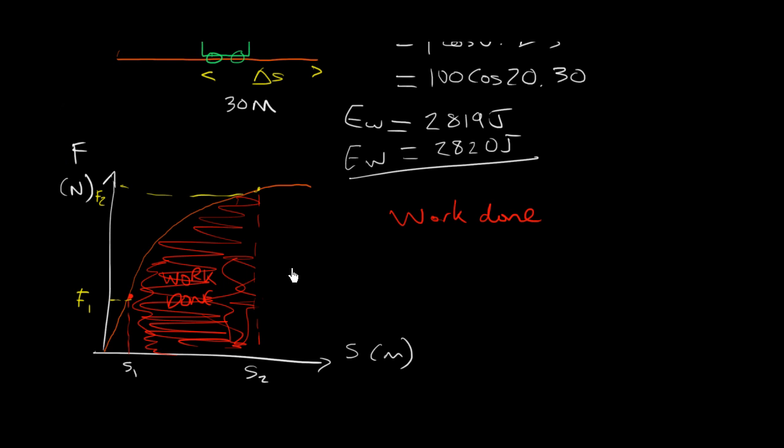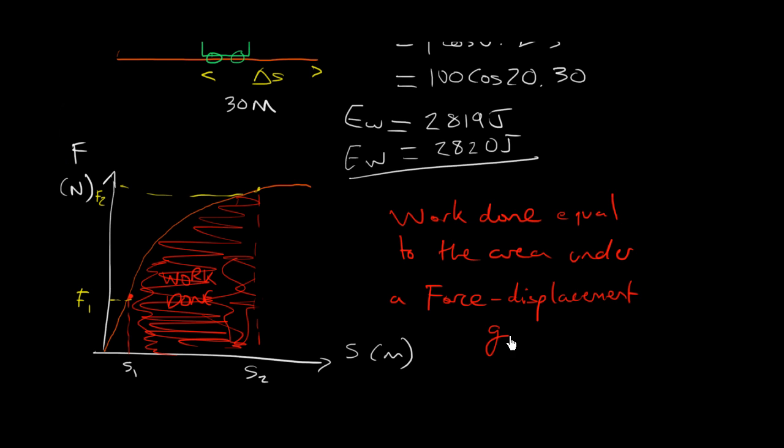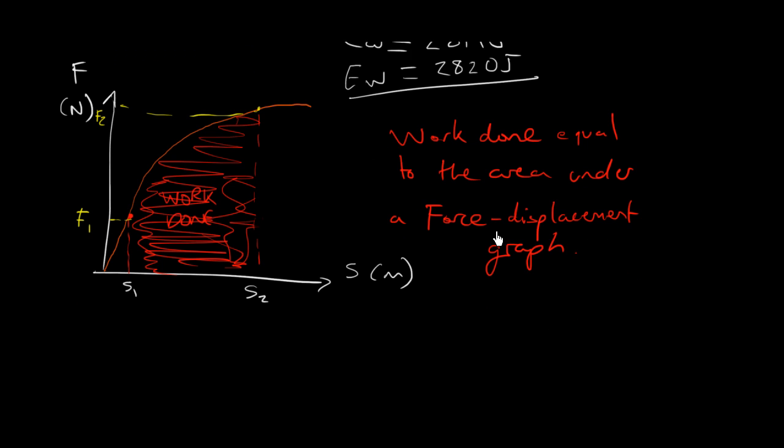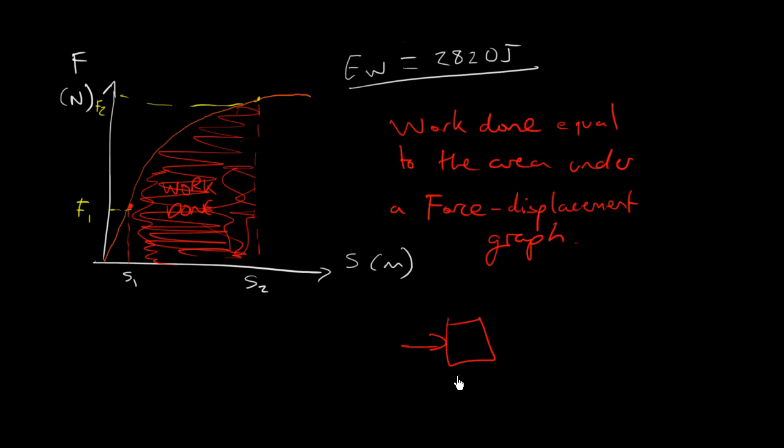So we can write it as a rule, really, and remember that. The work done is equal to the area under a force displacement graph. This could be either having a block and putting a force on it, and this would be the displacement and that would be the force, and that's how we could calculate the work done.